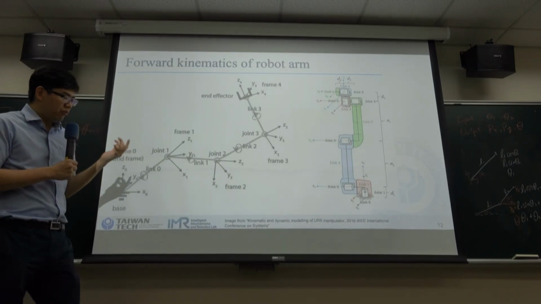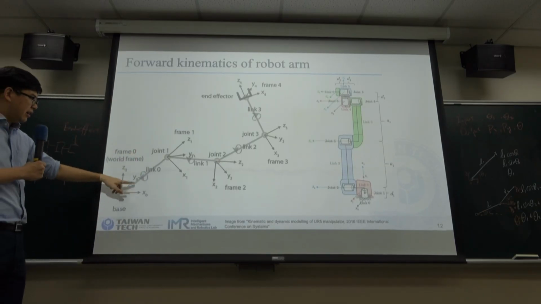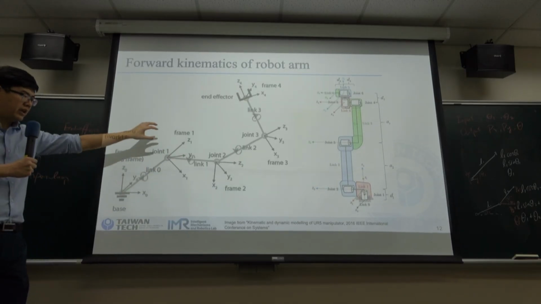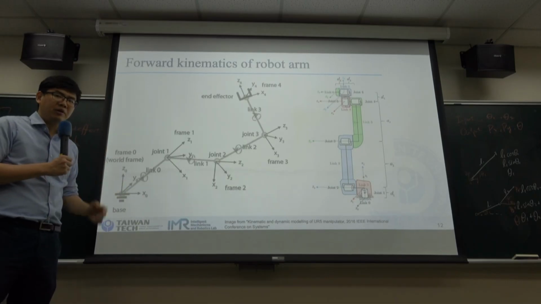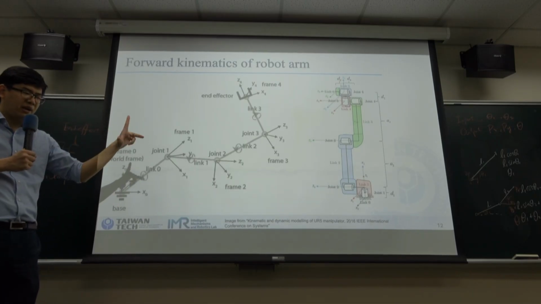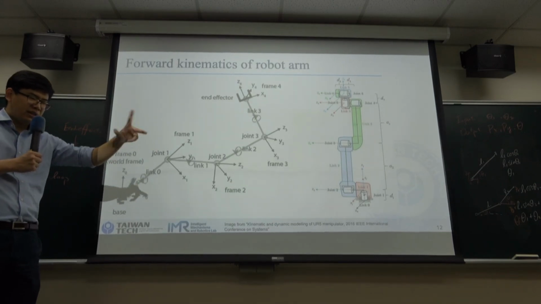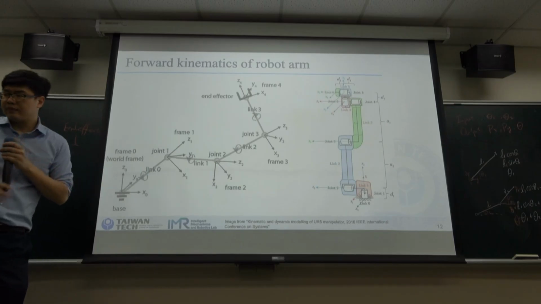So today we want to teach you a method where you can assign the frames, and directly from the frames you can get your homogeneous transformation matrix. You do not need to rotate about the x-axis and y-axis to match the two frames.